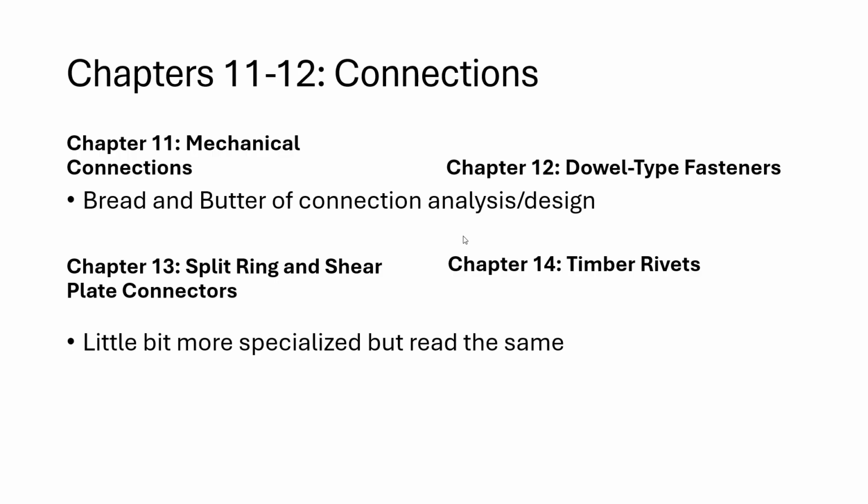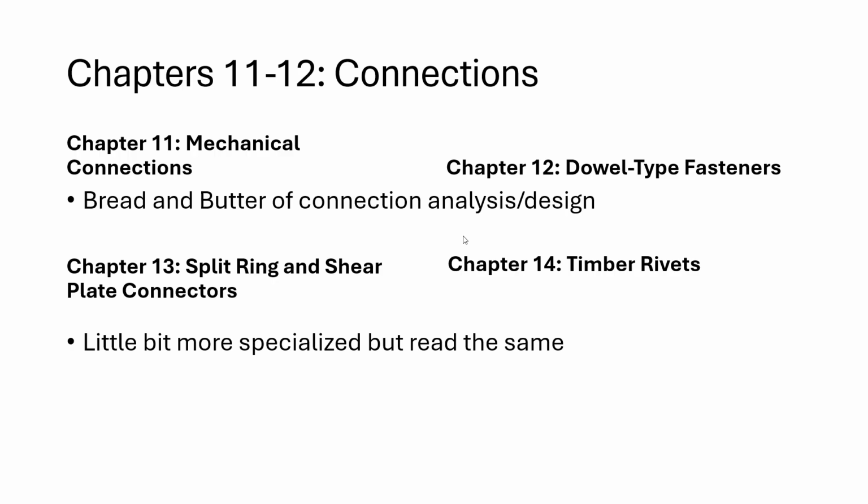So if you can utilize those adjustment factor tables and know exactly what value you're trying to get out of those tables, it's very simple. And I will note that the connections chapters do not use the supplement, so it's all within the provisions, which is one less book or code to flip through to get those values.